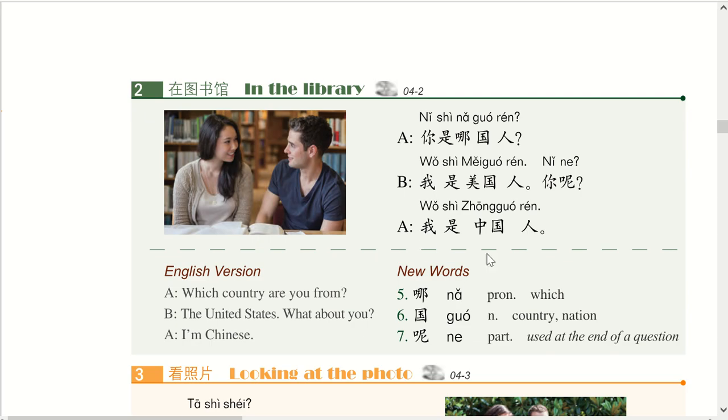In this step, we have three new words: 哪, which, 国, country, nation, and 呢 used at the end of the question. 你呢? What about you? In this area, we explain how to ask about nationality, which country you are from, and the structure. 你是哪国人? 人 means people.